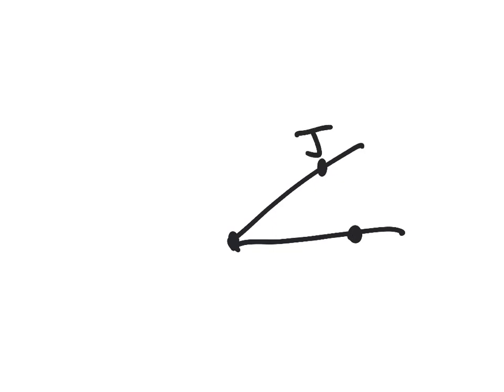Now we are going to get down to business. Okay, we are going to make an angle right here, and we're actually going to name this angle. We are going to name this angle JKL.